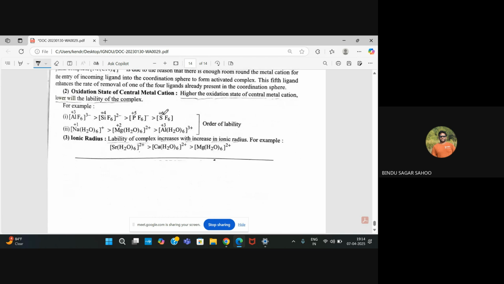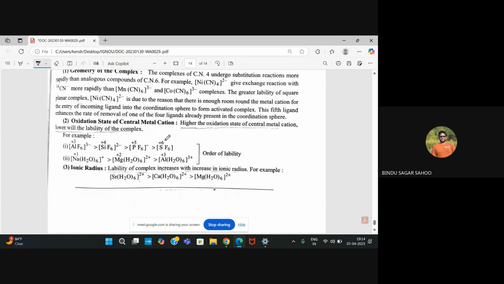If we discuss the main group elements, you can see here aluminum, silicon, phosphorus, sulfur. When the oxidation state is higher, the complex will be more inert. Out of these four examples, this one will be more labile because the oxidation state is less.